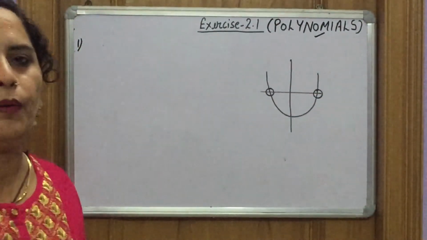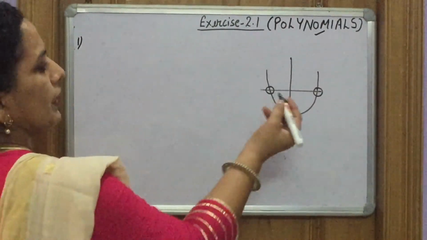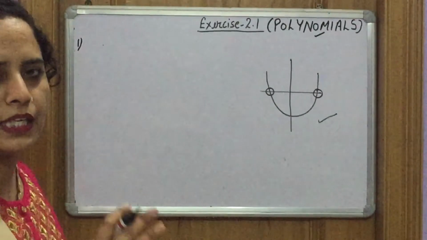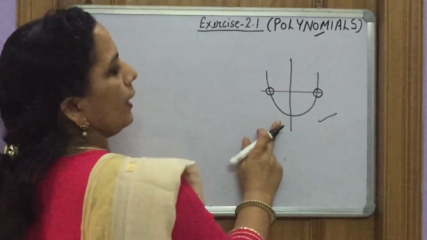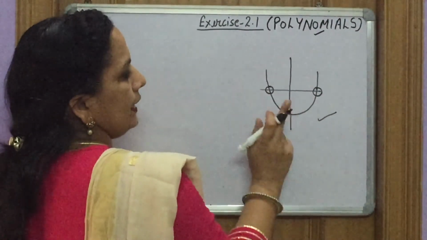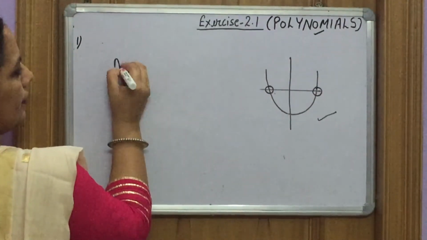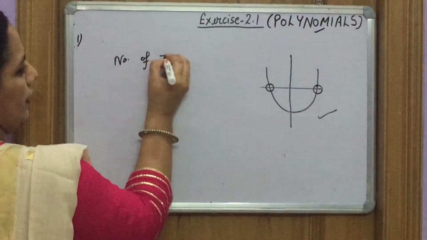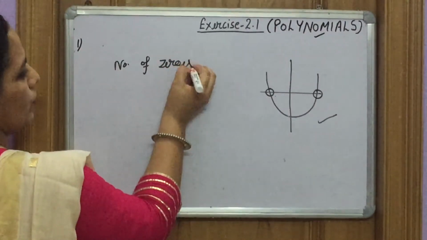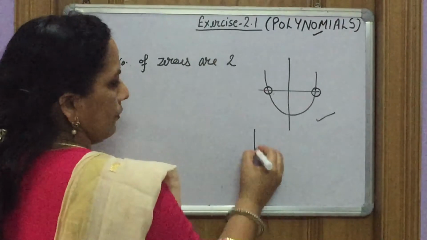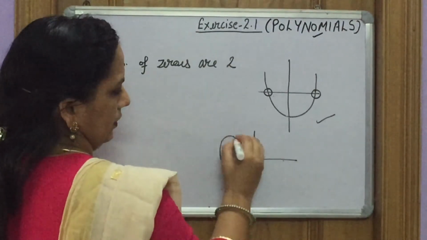So this graph is a parabola of a quadratic equation, and its number of zeros is 2. So we can say that here number of zeros are 2. Take one more example.